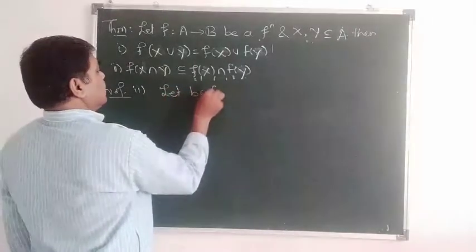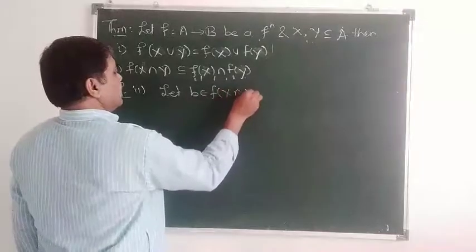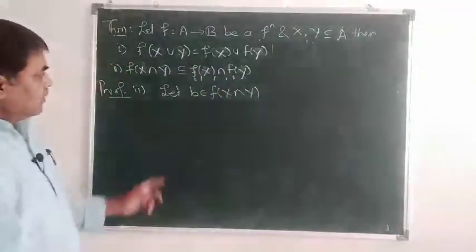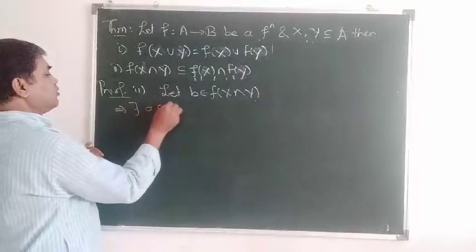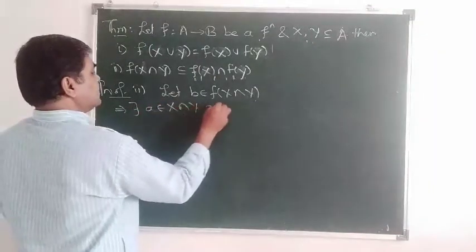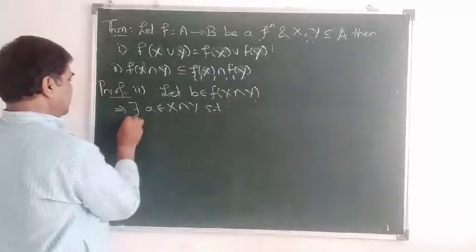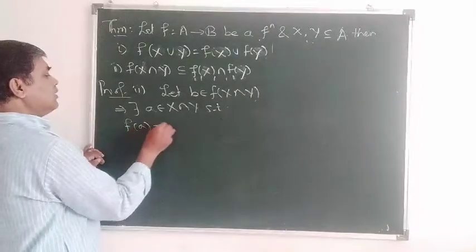So let b belong to f of x intersection y. This implies there exists some a belonging to x intersection y such that f of a is equal to b.